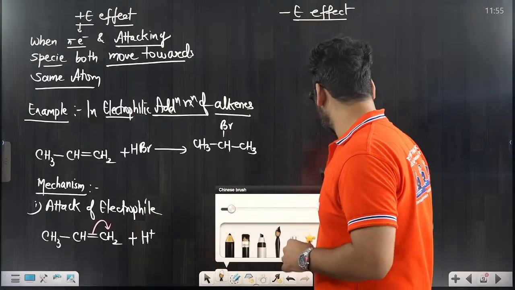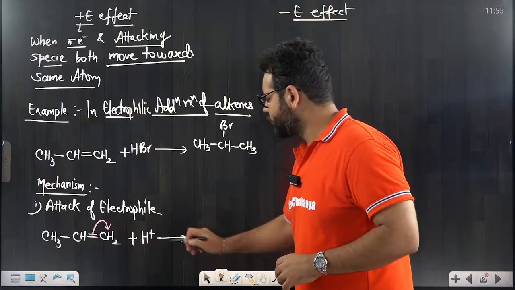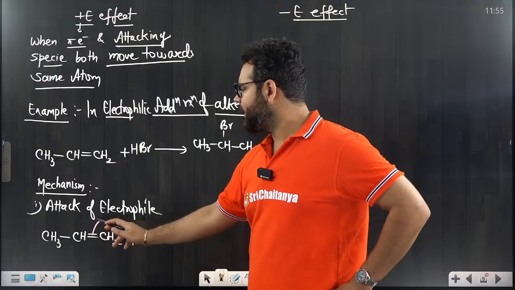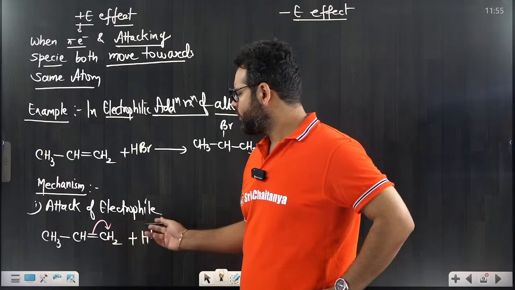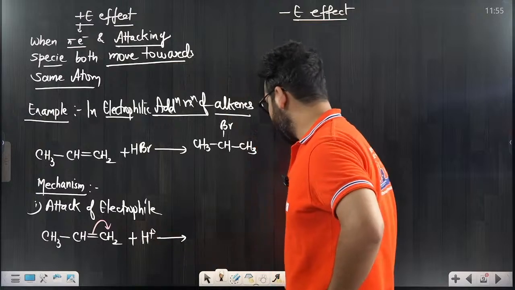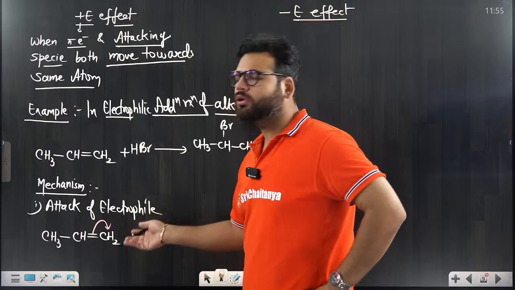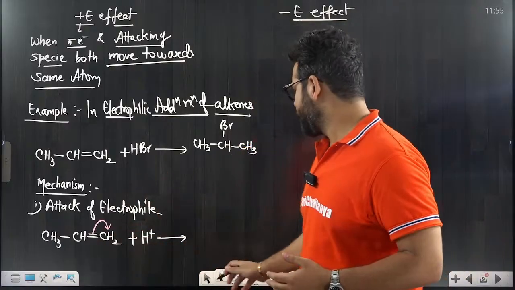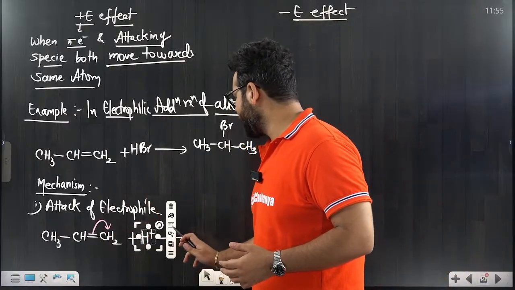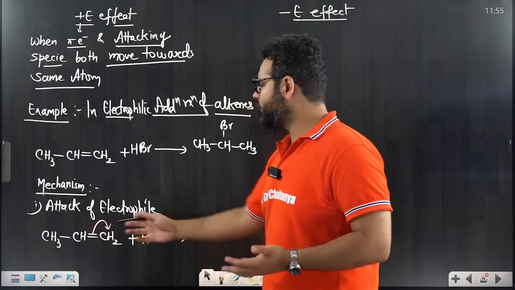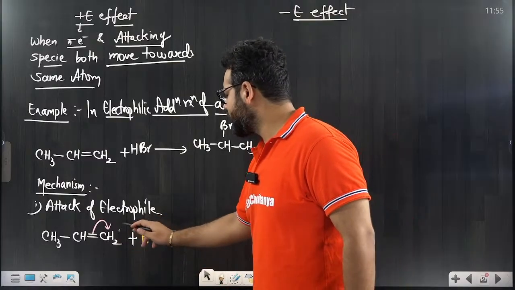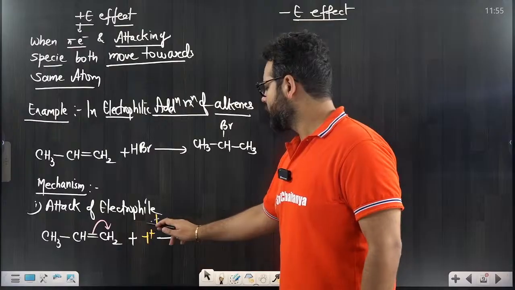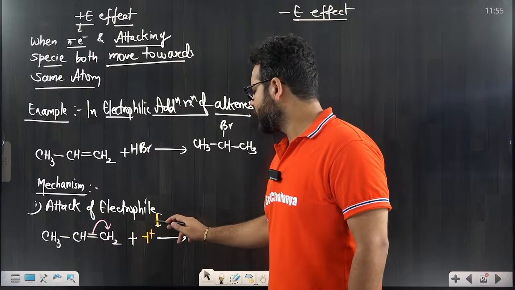H plus goes towards the alkene, says I want to attach to you. Alkene says I have sent my electrons to the corner carbon and you are an electron lover, so you also go to the corner carbon. So electrons went to the corner carbon, and this incoming electrophile H plus also went to the corner carbon only. That will also go and attach here only.